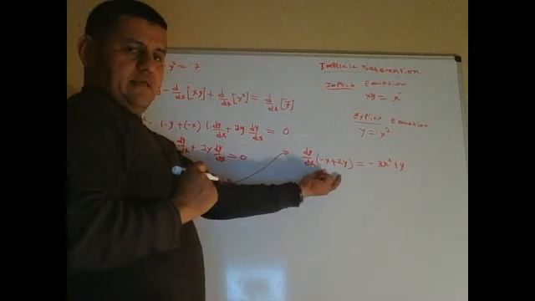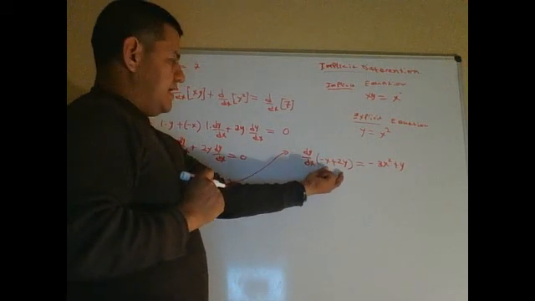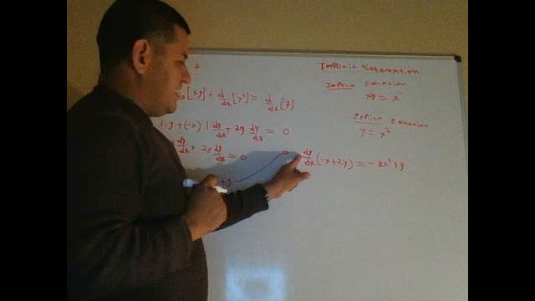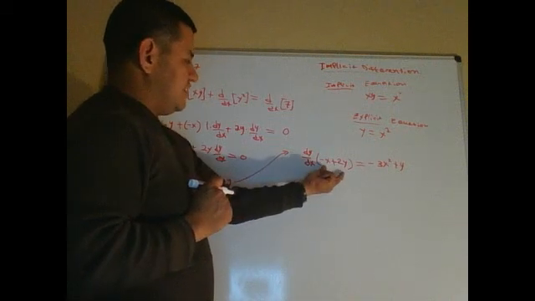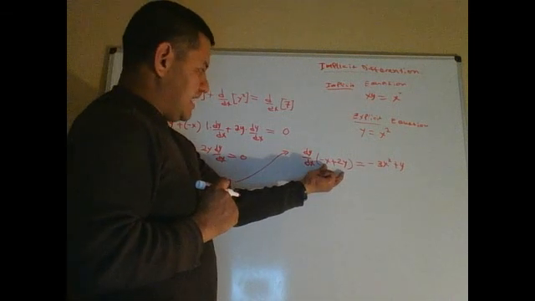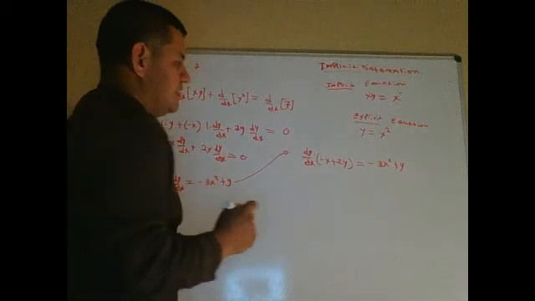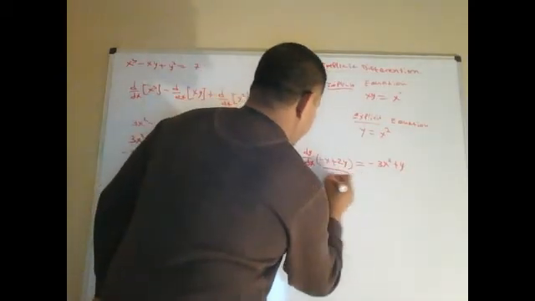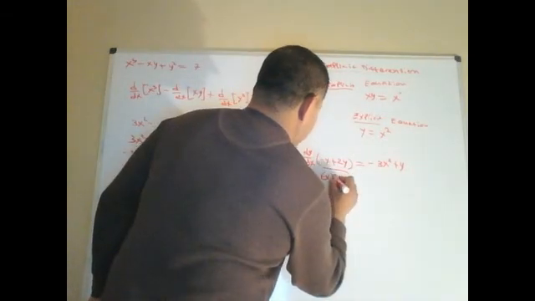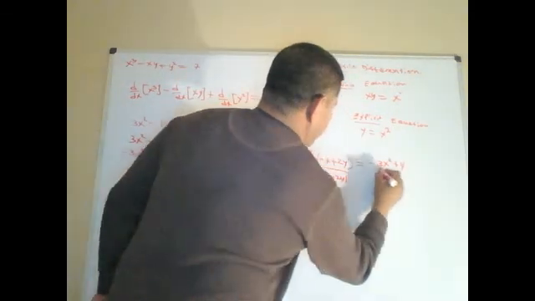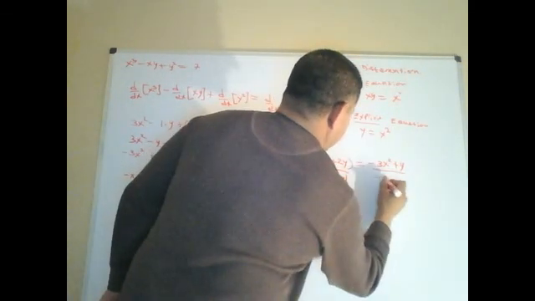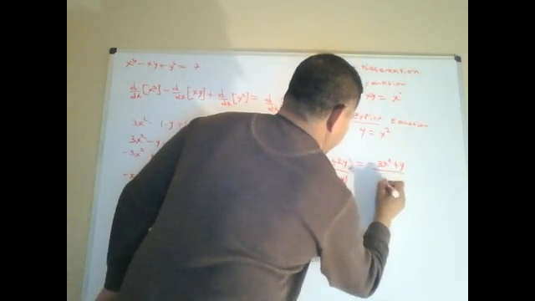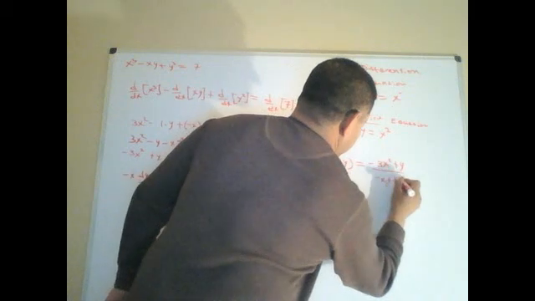Now, in order to solve for dy/dx, I need to divide by negative x plus 2y, on both sides.